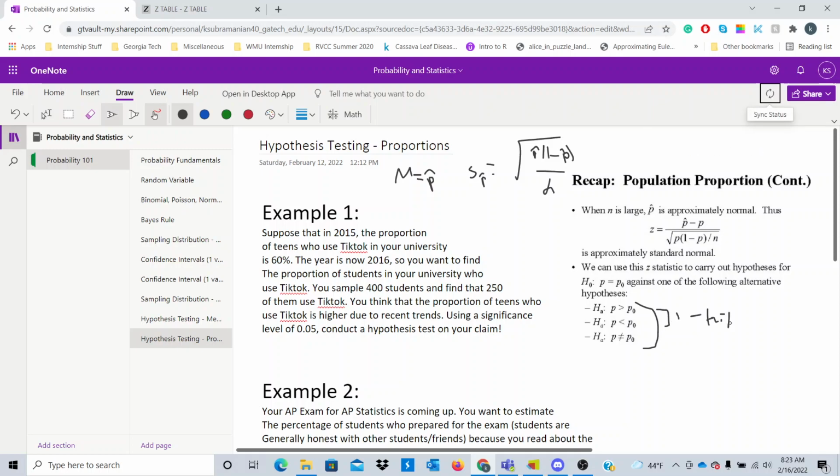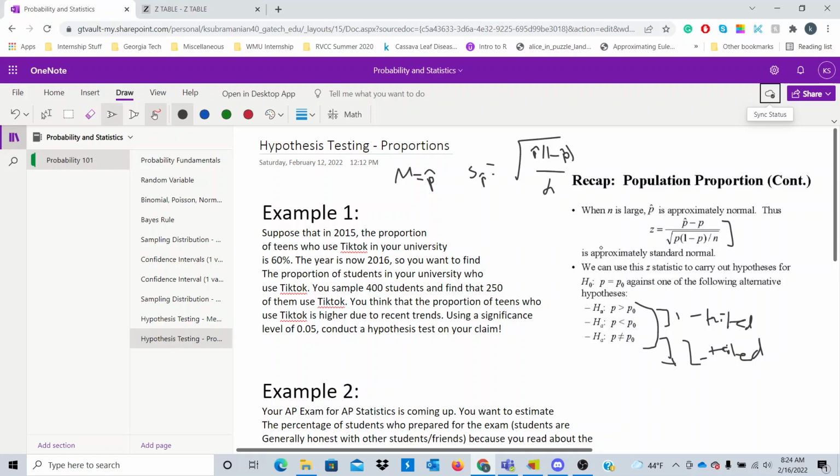The case where the alternative hypothesis is that the actual proportion is not equal to our null hypothesis proportion is our two-tailed scenario. So we have two types of tests: two-tailed and one-tailed. This is the formula we use to calculate the z-score, which we will use to find our p-value, and the z-statistic or the t-statistic, depending on whether the normality checks pass, can be used to test your hypothesis.